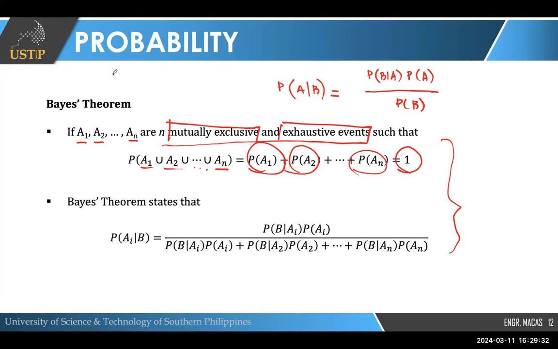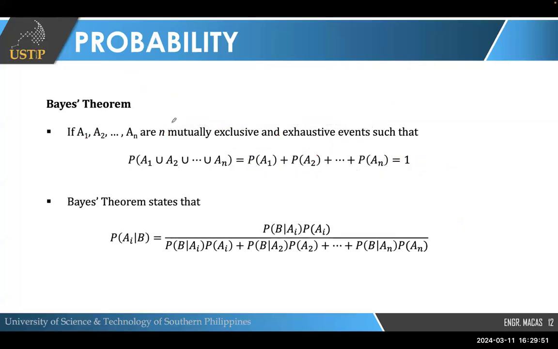Unlike our examples before, P of A plus P of B does not mean they equal 1, because we had the complement of A and the complement of B. But in this case, if you total the probabilities of A1 up to A sub n, it equals 1. So again, it must be not only mutually exclusive but also exhaustive events.